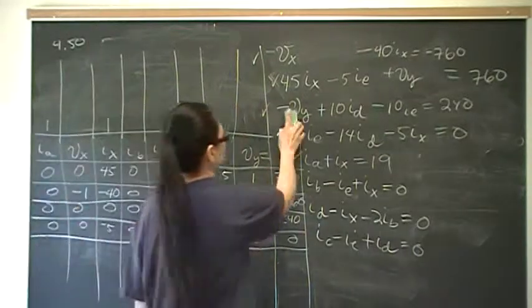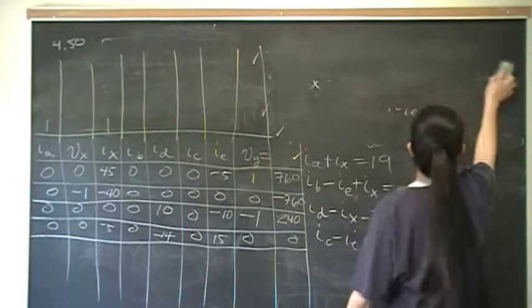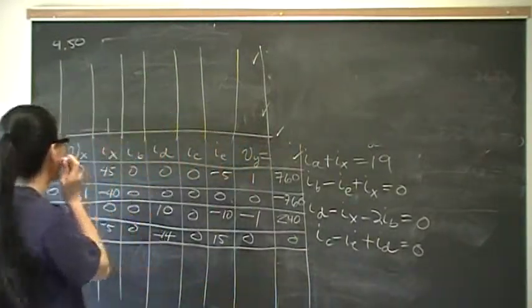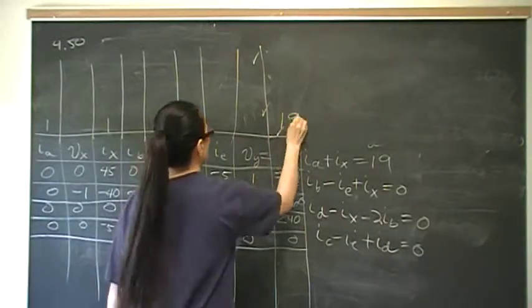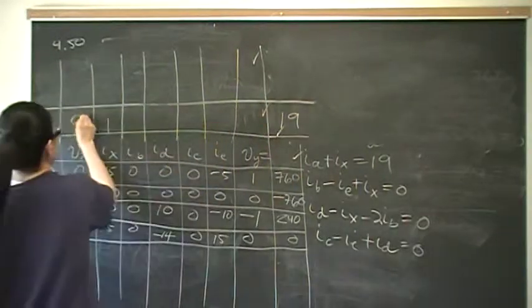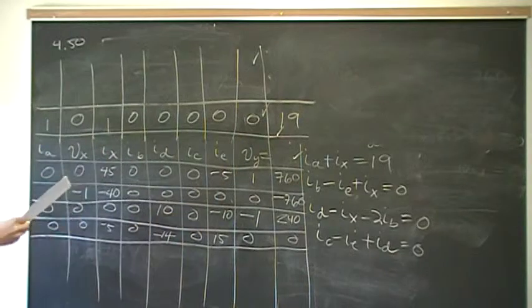And erase these other equations, make room. Okay. So we got IA is 1, IX is 1, and then constant is 19. And zeros everywhere else. It's 101, 19. Okay, good.